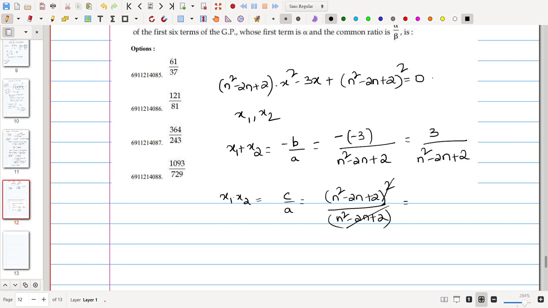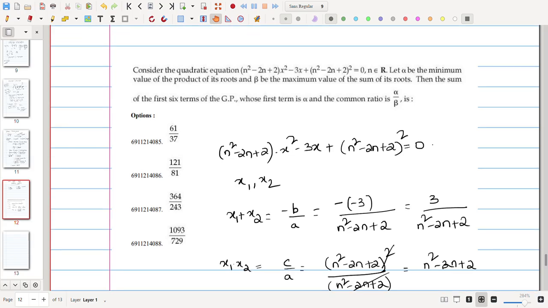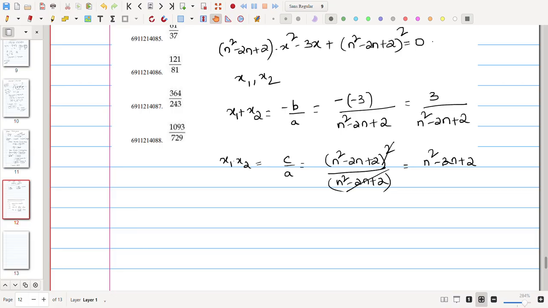So the sum of roots is this, and the product of roots is n² − 2n + 2. Okay. So the given alpha is the minimum value of the product of roots. So what is the minimum value of the product of roots? That is alpha. So alpha is the minimum of x1 into x2.